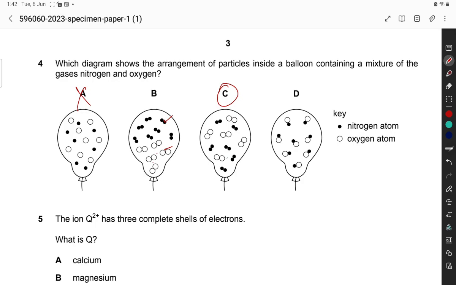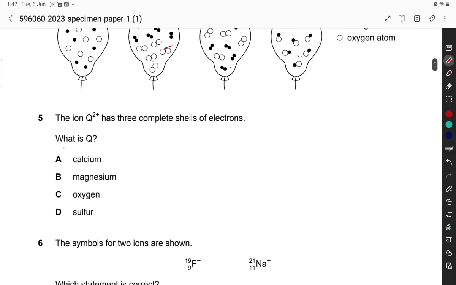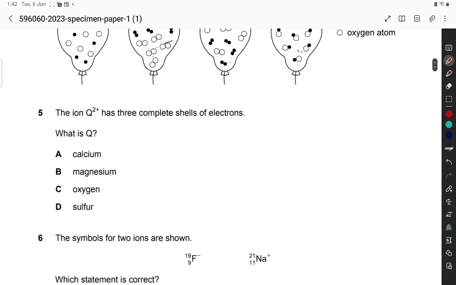This is the correct option because gases are in random motion, so there is no regular arrangement in a mixture of gases. This is a compound, so it is not correct, because one is an oxygen atom, one is a nitrogen atom. This is not a nitrogen and oxygen molecule. So C option is correct.